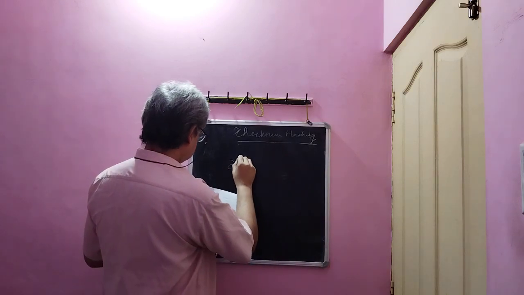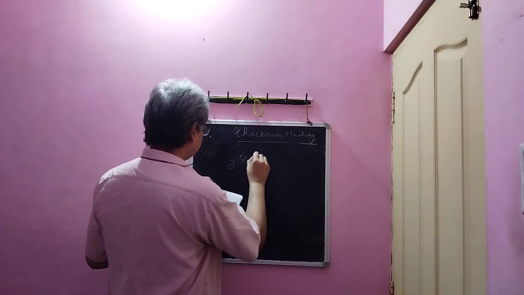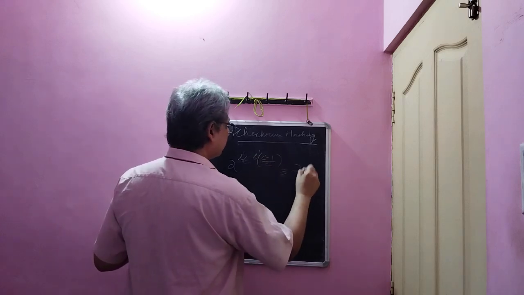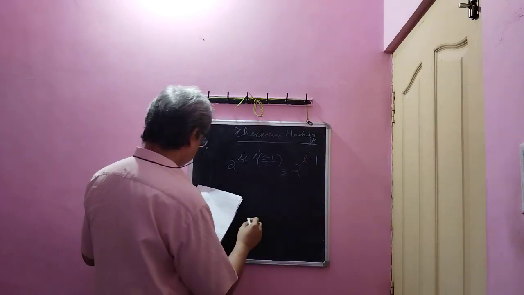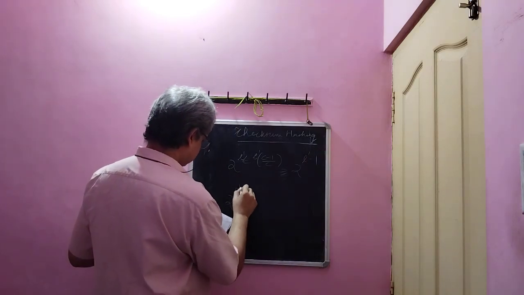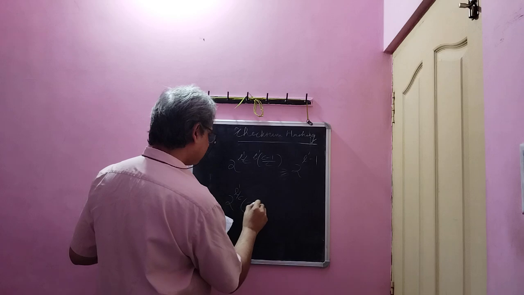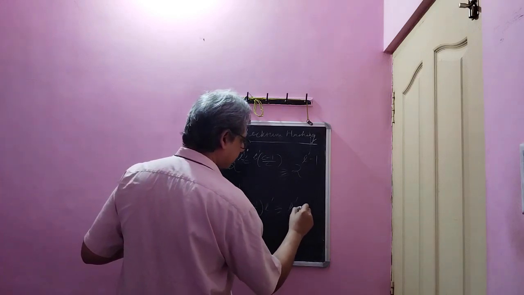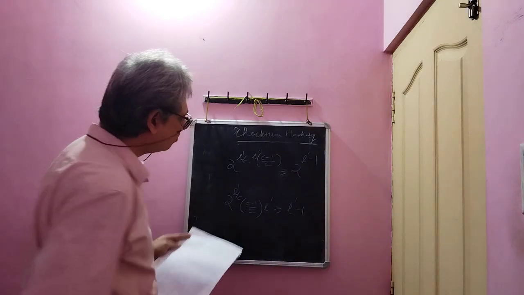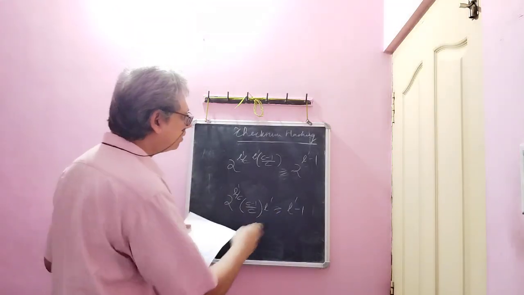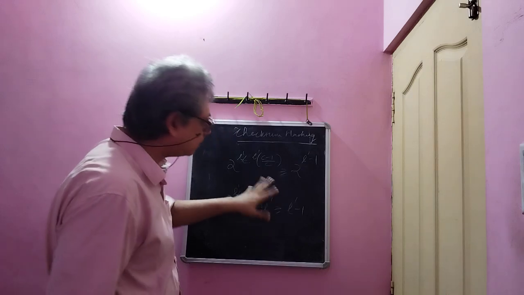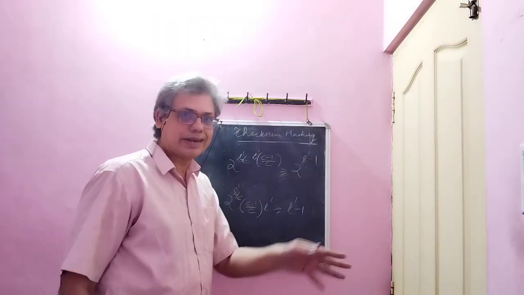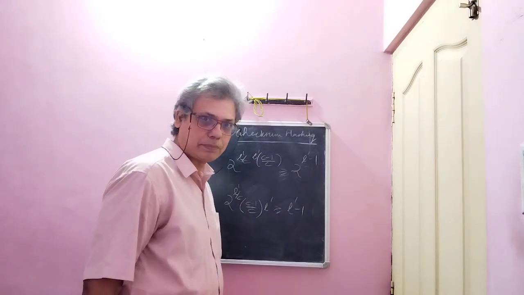Or 2 power L dash by C, L dash C minus 1 by C, greater than or equal to 2 power L dash minus 1, or 2 power L dash by C, C minus 1 by C times L dash, greater than or equal to L dash minus 1. As you can see, this will be very, very large, much greater than that. So even if we take a simple checksum in that fashion, we will most definitely be able to uniquely get a checksum, which will be very, very small comparatively.